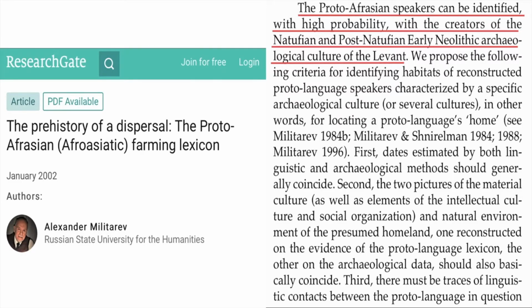And this is from Alexander Militarev, The Prehistory of a Dispersal of Proto-Afrasian (Afroasiatic) Farming Lexicon. The Proto-Afrasian speakers can be identified with high probability with the creators of the Natufian and post-Natufian early Neolithic archaeological culture of the Levant.